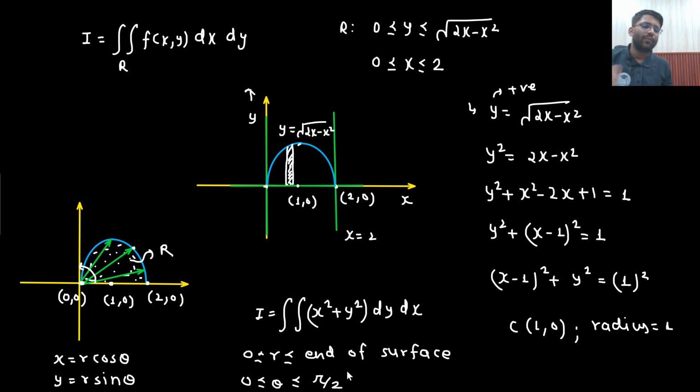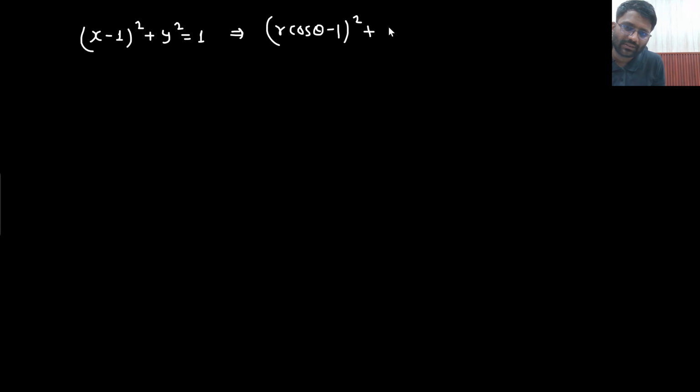And what will be the value of r at the end of the surface? Can I find out? Yes sir, I have this equation. In this equation I will put x equals r cos theta minus 1, plus r sin theta.